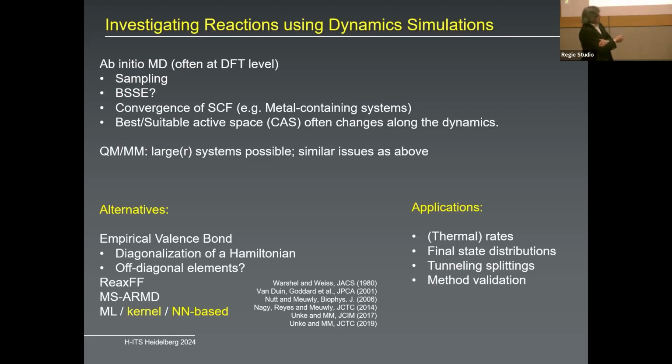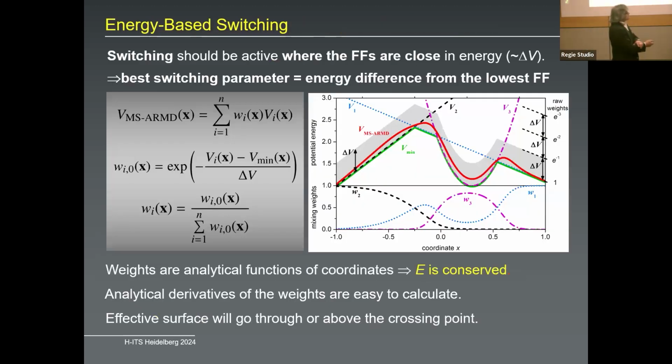And then there have been alternatives that have been developed over the past, for example, EVB methods. Arieh Warshel has done this, ReaxFF, some of you may know. We have our own flavor, which I'll briefly describe in the next slides. And then we started to work with kernel-based methods, in particular NN-based methods, but mostly for gas-phase systems. So this is our reactive MD implementation.